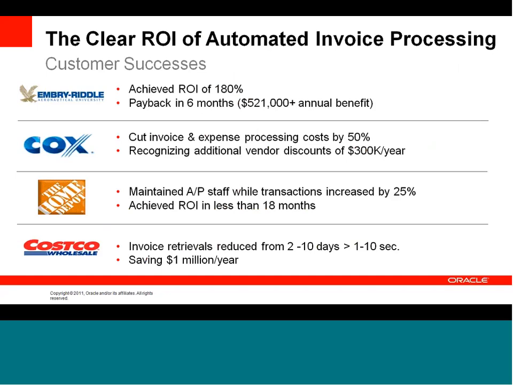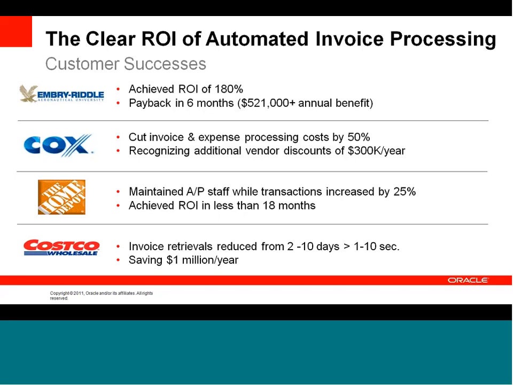When we're dealing with high volume invoicing, for example, with Home Depot and Costco, you can see that for Costco, reducing the cycle time from days down to seconds is saving them millions of dollars. In Home Depot, they actually had to increase their AP staff every time that they opened a new store, so they had to hire new people to be able to handle the workload of the invoicing for that store.